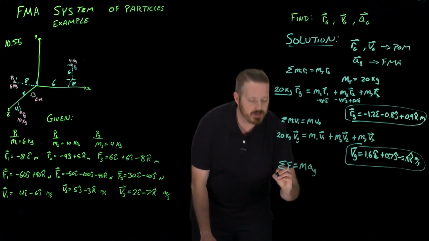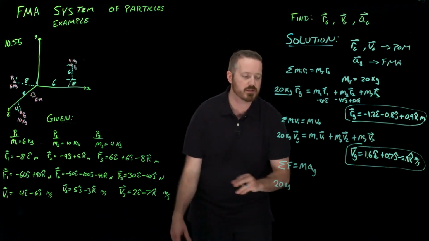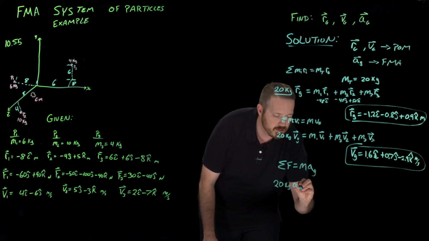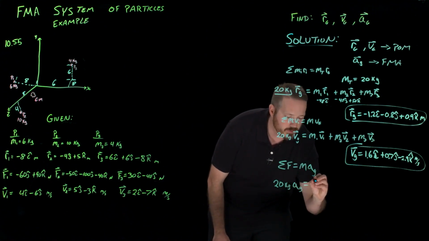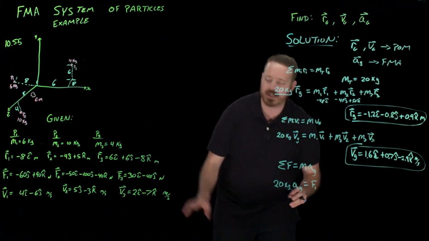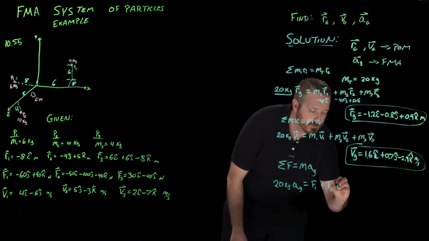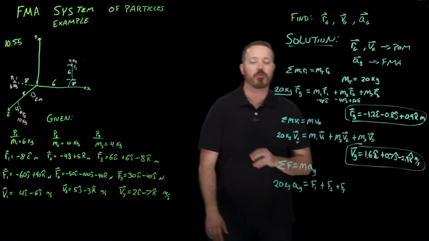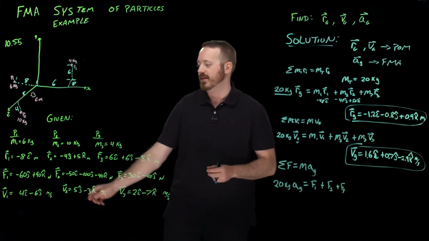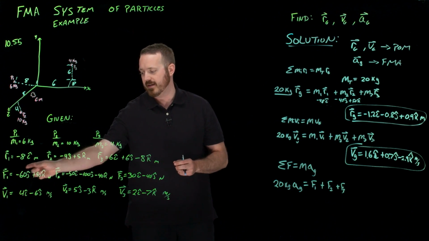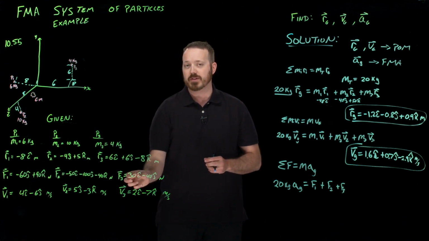Again, we could write this out and say that 20 kilograms, the mass of our total system, times the acceleration of that center has to be equal to F1, the external force acting on 1, plus the external force acting on 2, plus the external force acting on 3. So we'd take negative 60 in the i, plus negative 50 in the i, and plus 30 in the j.